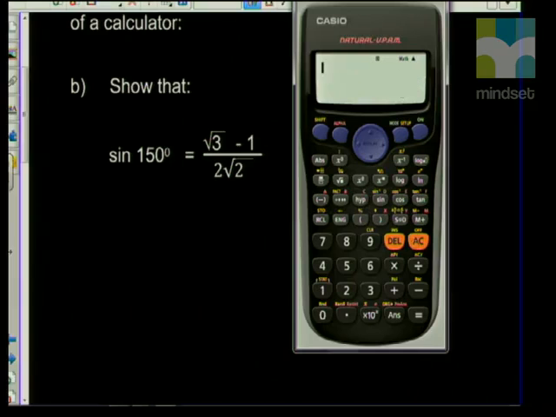If I put in the square root of 3, put a 3 there, minus 1 all divided by 2 root of 2, then we say equals to, yes.